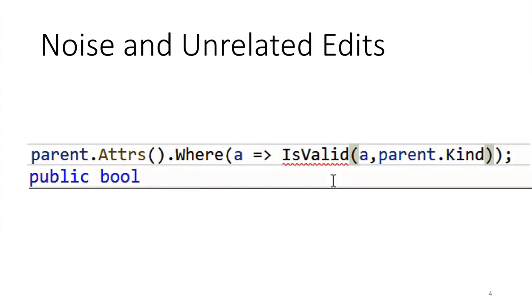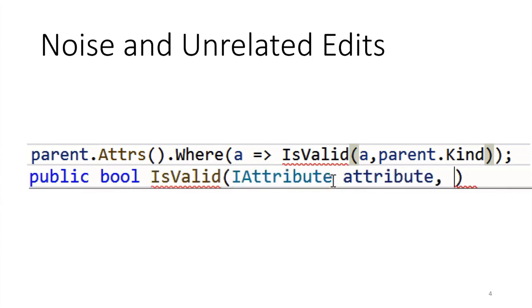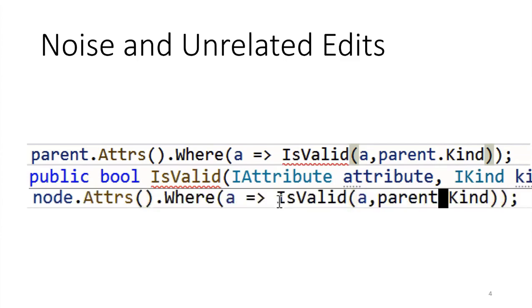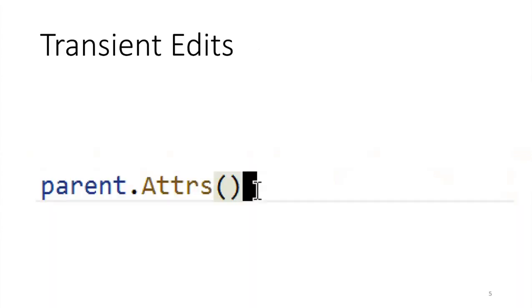It's just creating this isValid method that didn't exist before, which is not what we want to automate. Then the developer goes to another location and does the repetitive change in a different way. You see that the developer can just copy and paste and change the name of the variable. So there is a lot of noise. This is one of the challenges that we had to deal with.